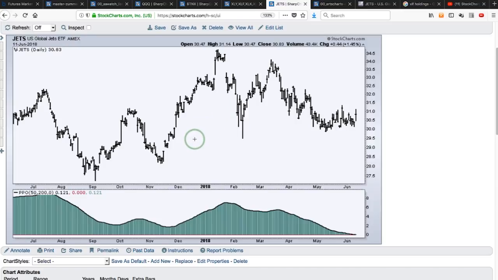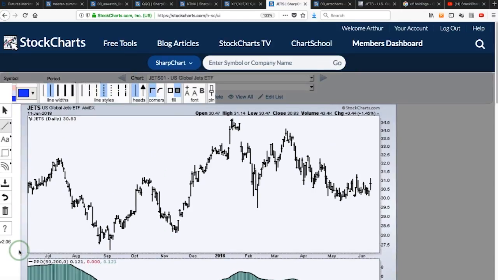Now, this is for a tutorial of the Raff regression channel because sometimes I find it hard to draw trend lines that I consider to be valid. All right, if you look here, we can draw a trend line, but it's a pretty steep trend line. And sure, it gets maybe 3 touches if we want to be liberal with that. And maybe a breakout.